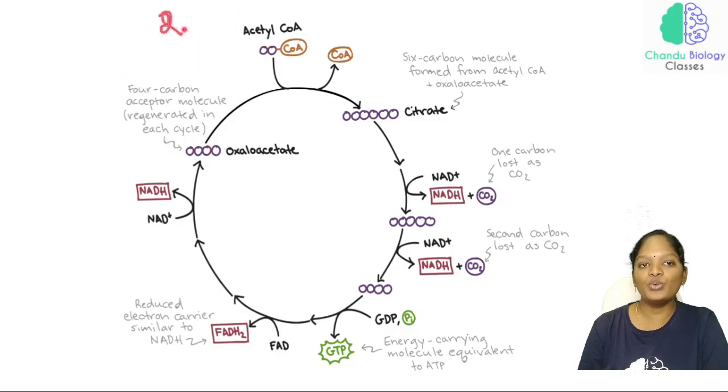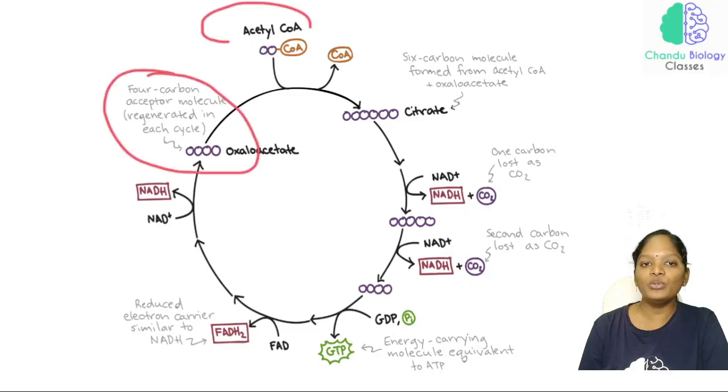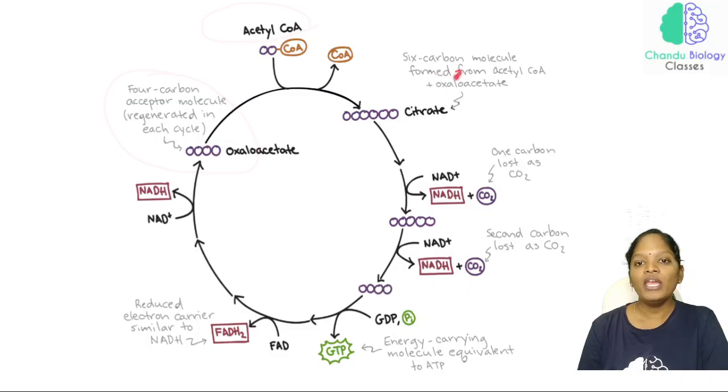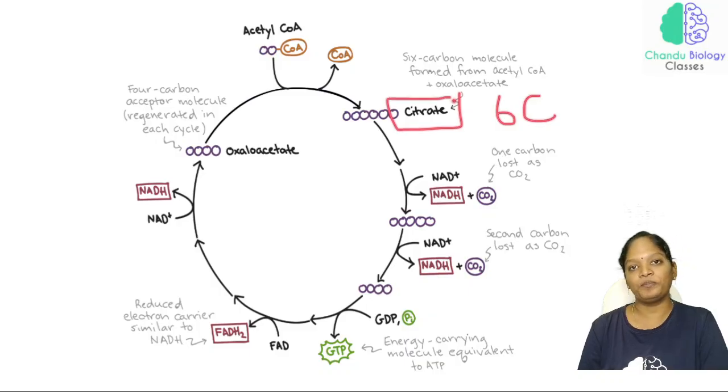Acetyl means 2 carbon, here 4 carbon. By eliminating the CoA group, the 4 carbon oxaloacetate and the 2 carbon acetyl group combine together, forming a 6 carbon molecule, that is nothing but citrate.